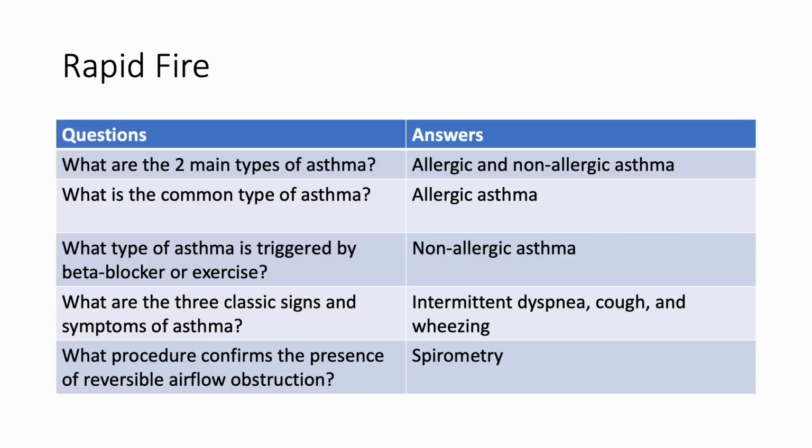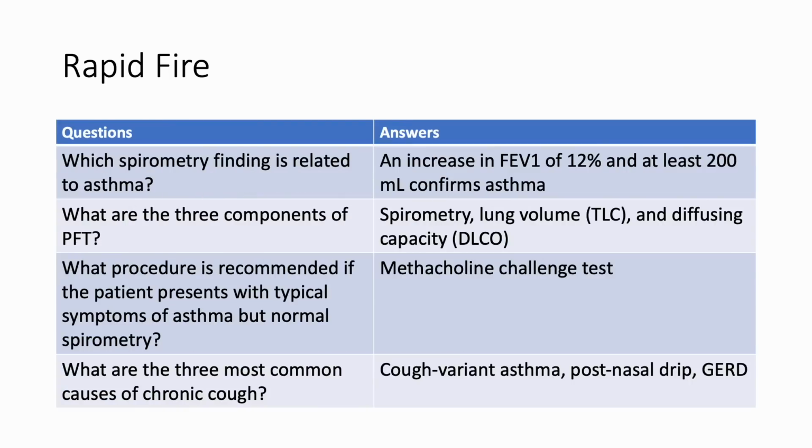What procedure confirms the presence of reversible airflow obstruction? Spirometry. Which spirometry finding is related to asthma? An increase in FEV1 of 12% in at least 200 ml confirms the diagnosis of asthma. What are the three components of a PFT?